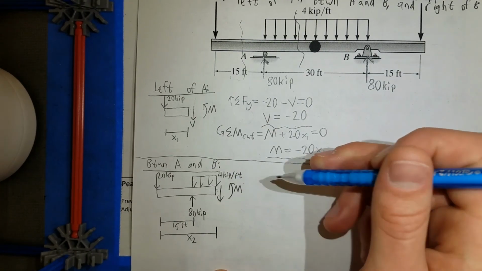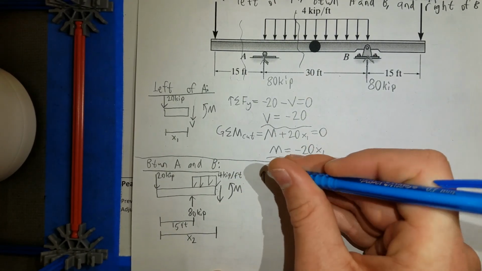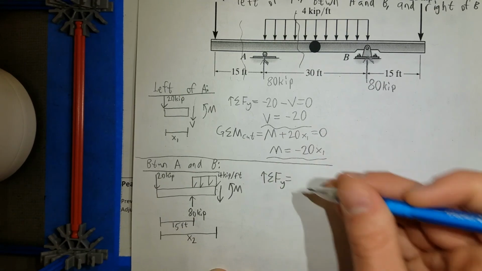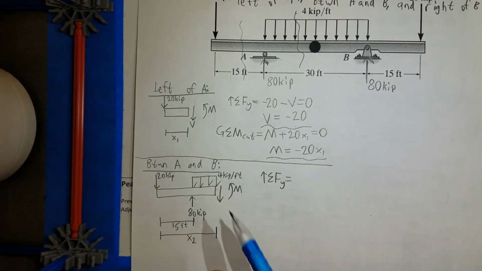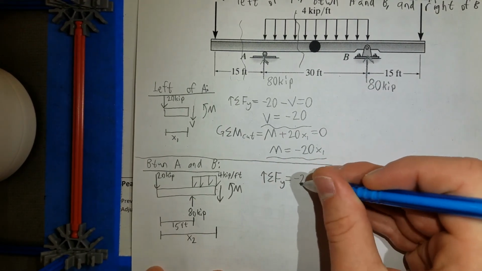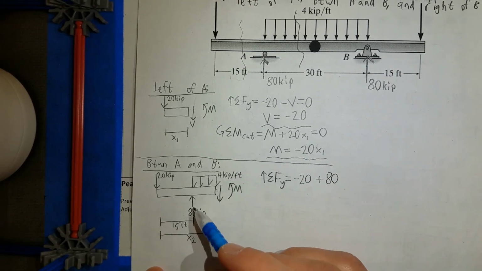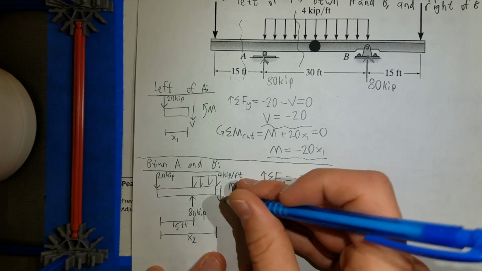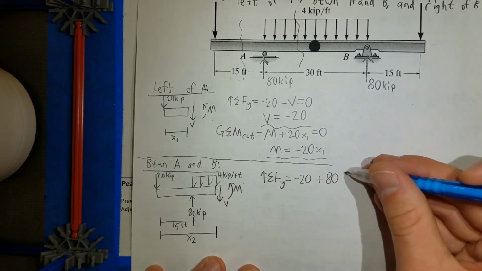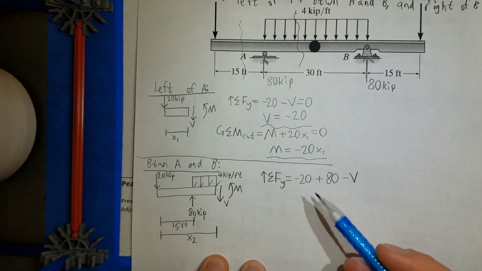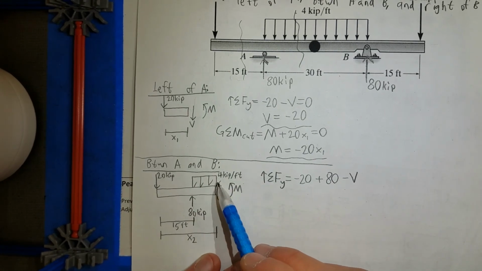Now we can get into our equilibrium equations. So we'll go ahead and sum our forces in the y. Summing the forces in the y, we're going to have negative 20 from that, a positive 80 from A, and then I'm going to write in our negative shear. And then this is where it gets a little tricky.